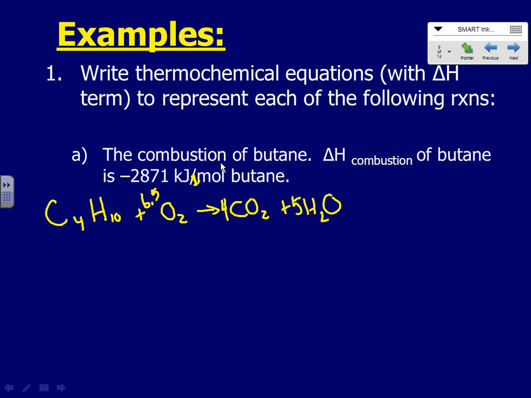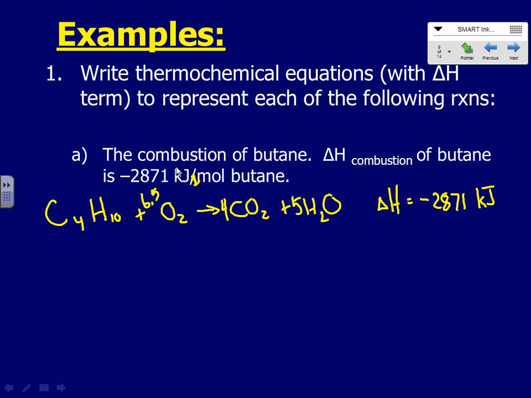So I can turn this molar enthalpy straight into just a delta H by getting rid of the per mole, because there is 1 mole here, and that's simply going to be negative 2,871 kilojoules. It's not on a per mole basis anymore for this entire chemical reaction.